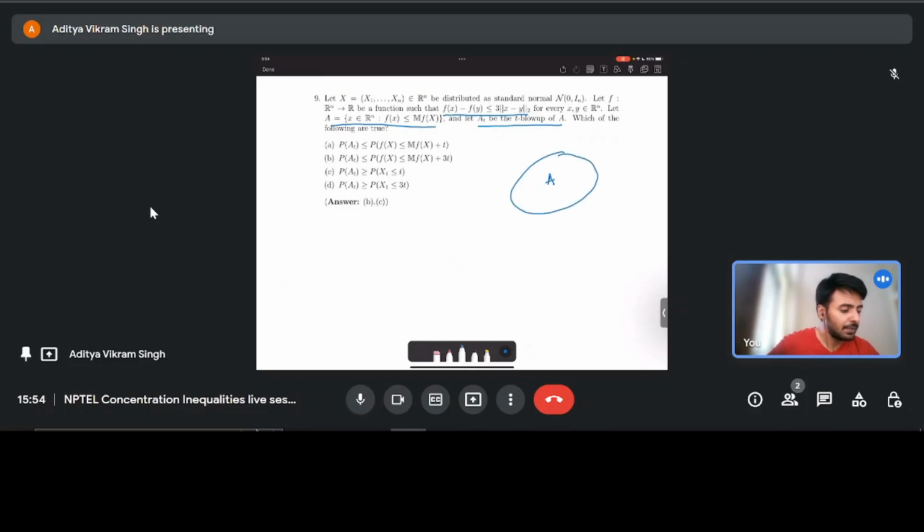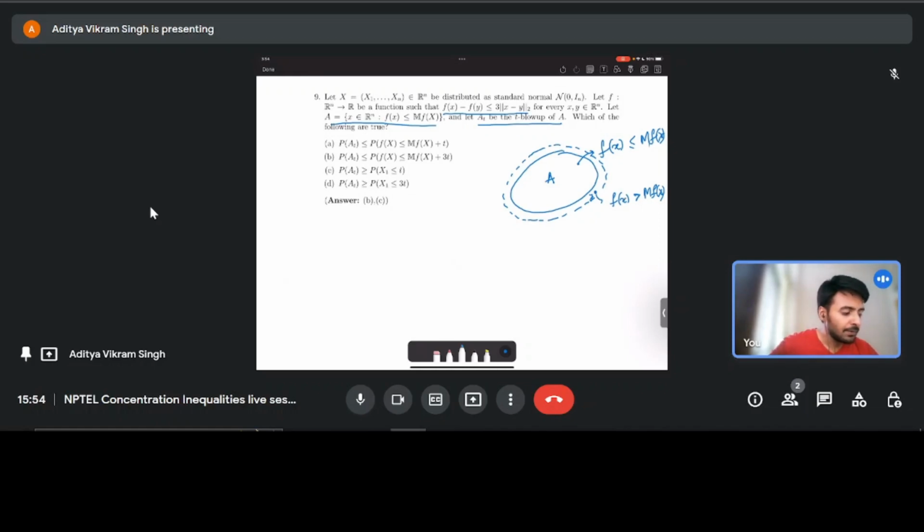So we have this set A. If you take any x here, what we'll have is that f(x) is less than or equal to the median of f(x). Okay, and now consider a t blow up. So now for any point y outside this A but inside the blow up, f(y) is greater than the median of f, by definition of A, since y is in A complement.